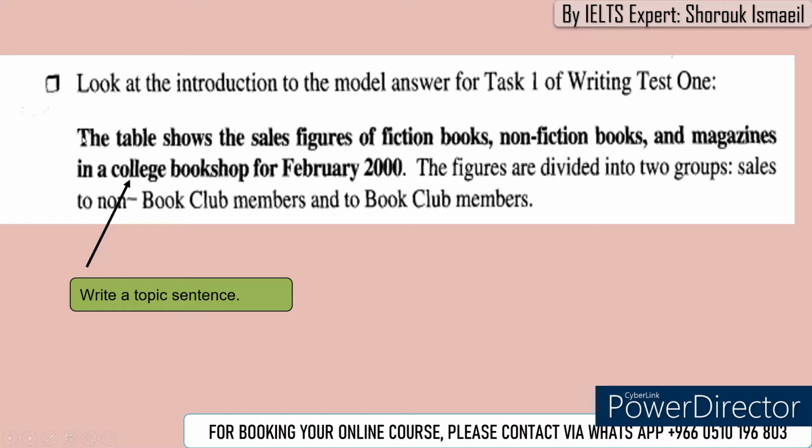Here, we have the introductory paragraph, and the first sentence is called the topic sentence. It's written for you in bold. This one mentions the purpose of this writing and gives us some information about what we're going to read later on.